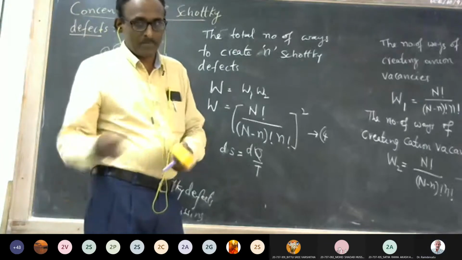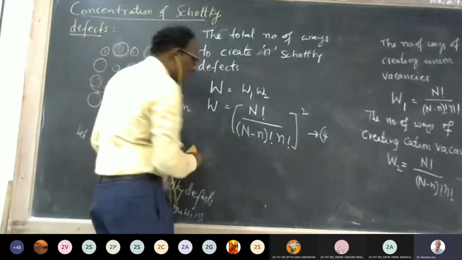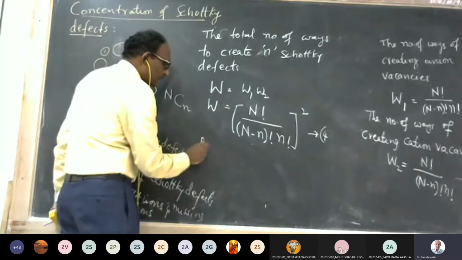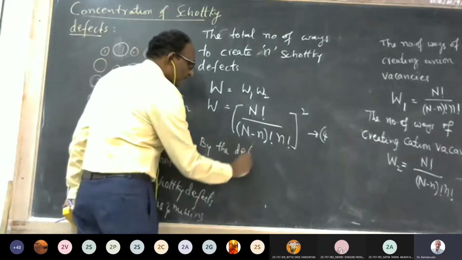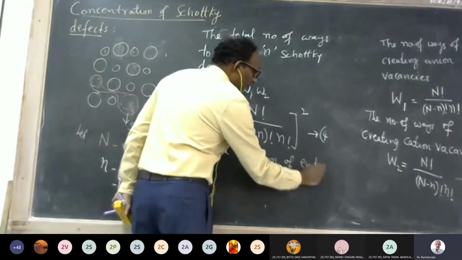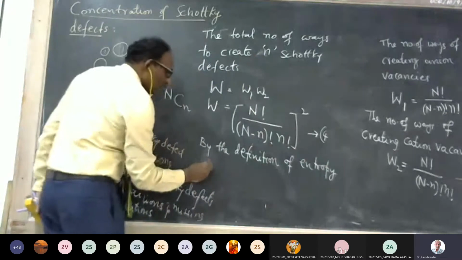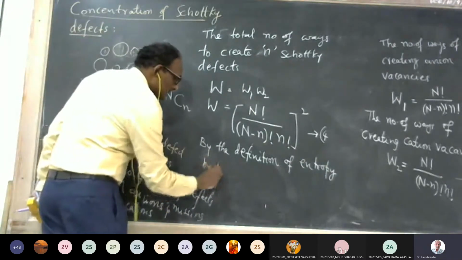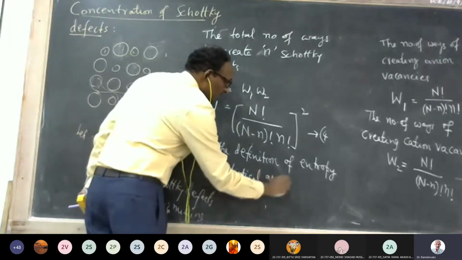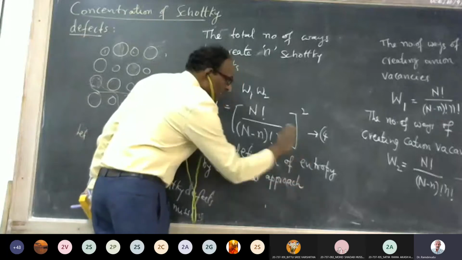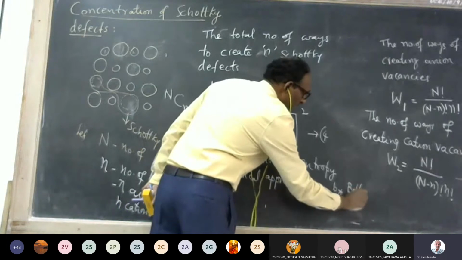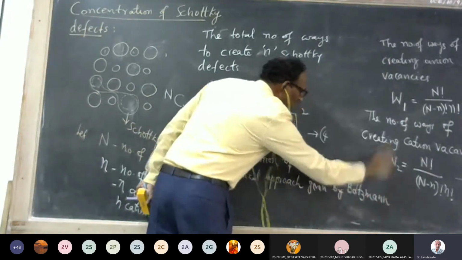Hence, we have another definition for entropy, the definition by statistical approach, what we call statistical entropy, given by Boltzmann. You heard about Boltzmann constant K?